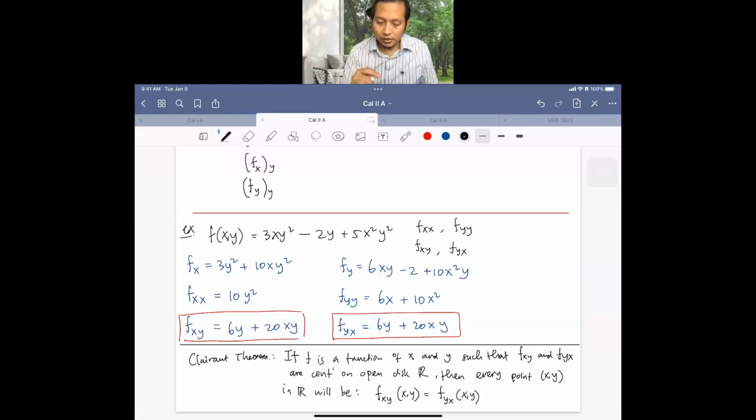Now this also implies that if you want to take the third derivative, for example x, y, x, this should be equal to x, x, y, or equal to y, x, x.